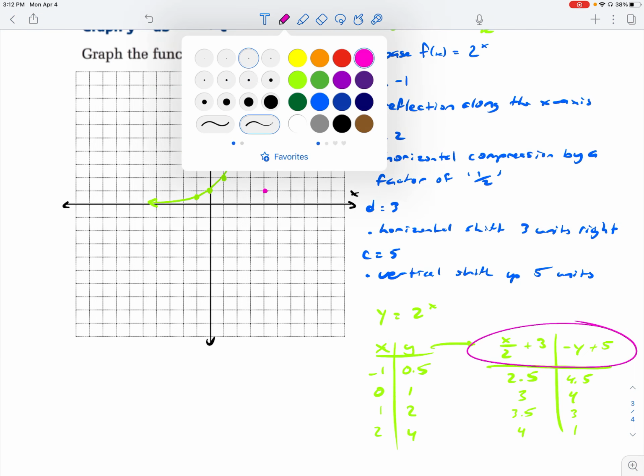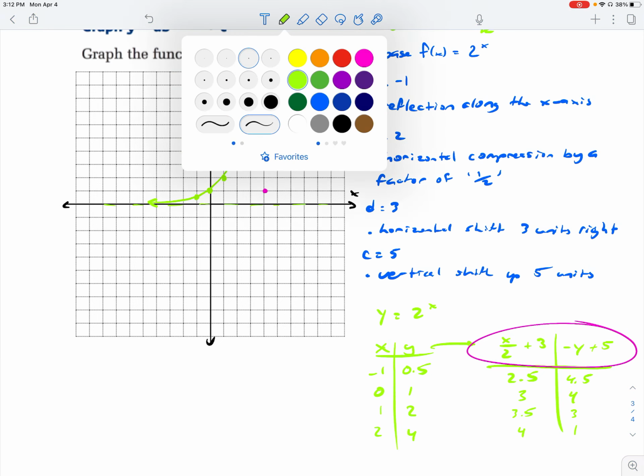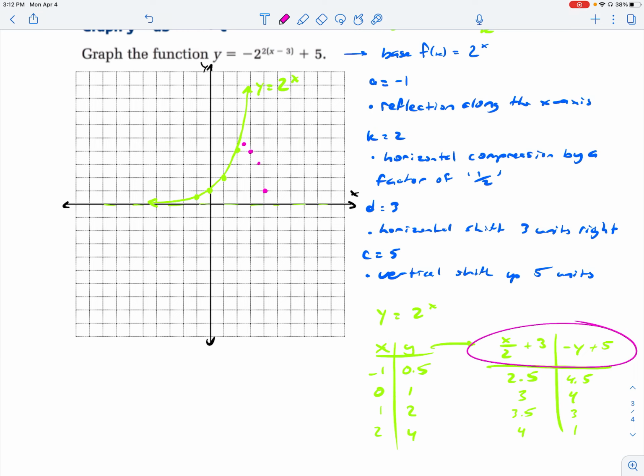For the base graph, it was here, and the only way that this can move is during a vertical shift. It's going to make it go up 5. So drawing that is probably really good to do first, just so you don't forget. That tells me my graph is kind of bound to that.